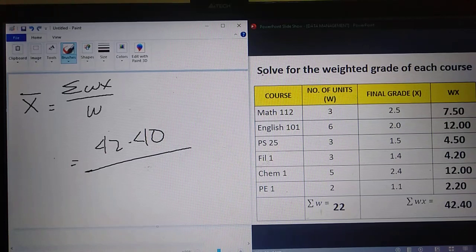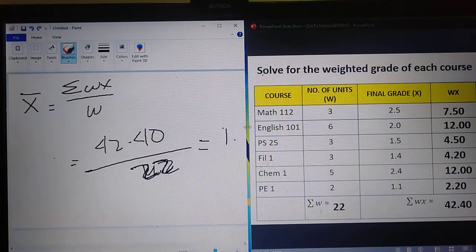And then yung W natin is 22. So what's the weighted mean? Divide lang natin ito, 42.40 divided by 22.